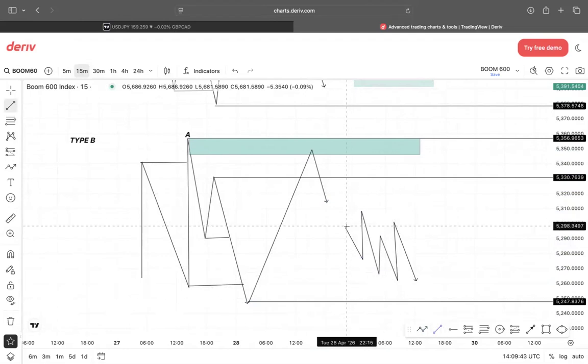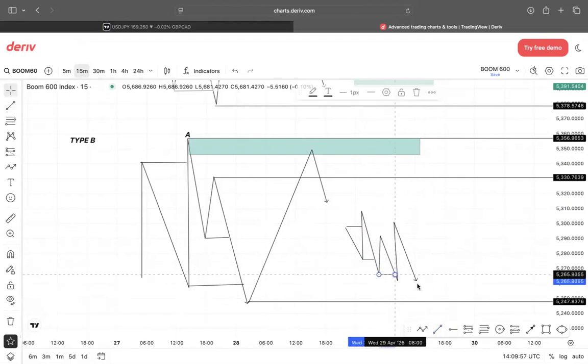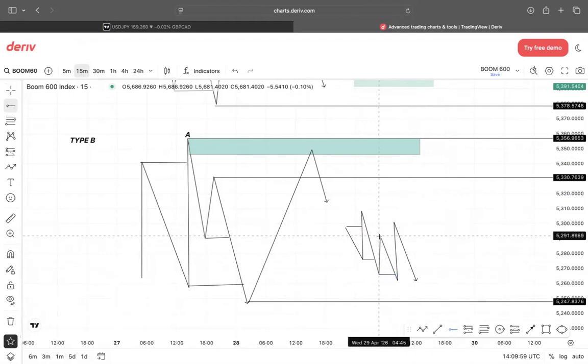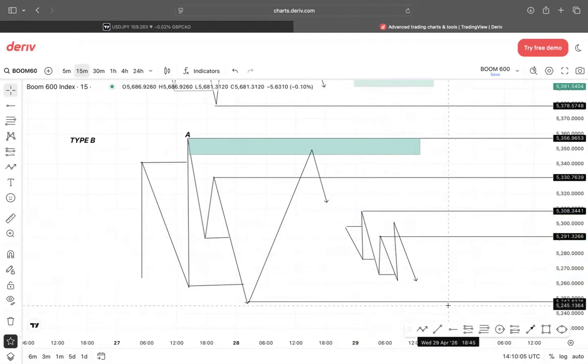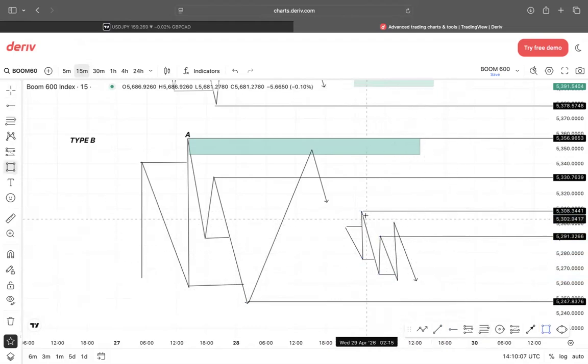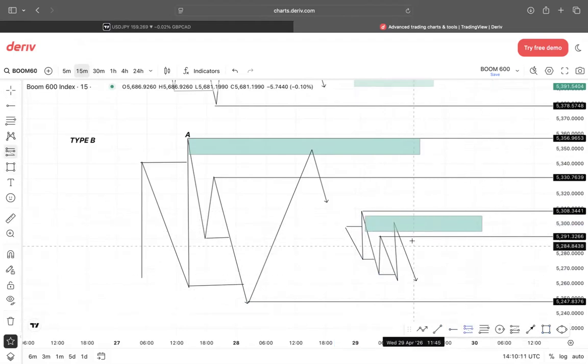So we have a sweep of liquidity here, which is transactional liquidity, and then the break of structure, and then the break of structure, and then this is our structural liquidity, and then this. So we're expecting price to come here as our outlook and then tap on it and then go to the downside.